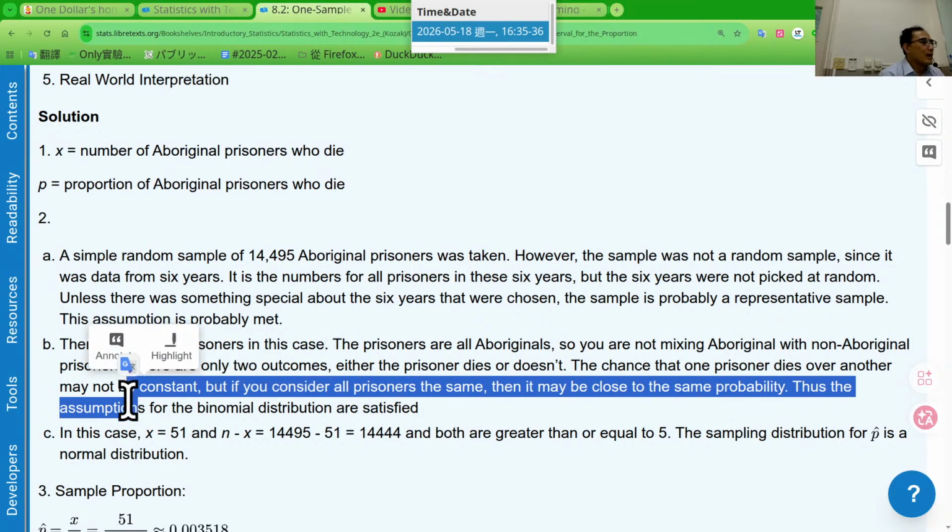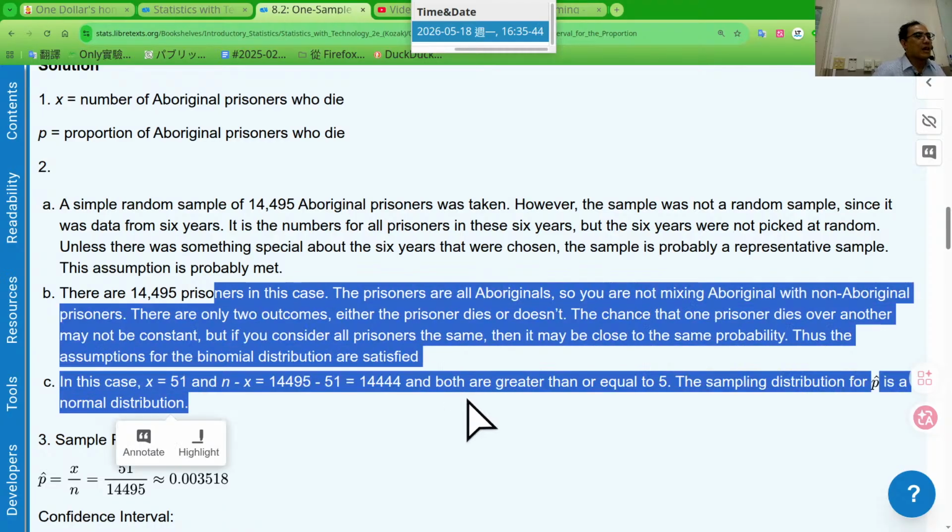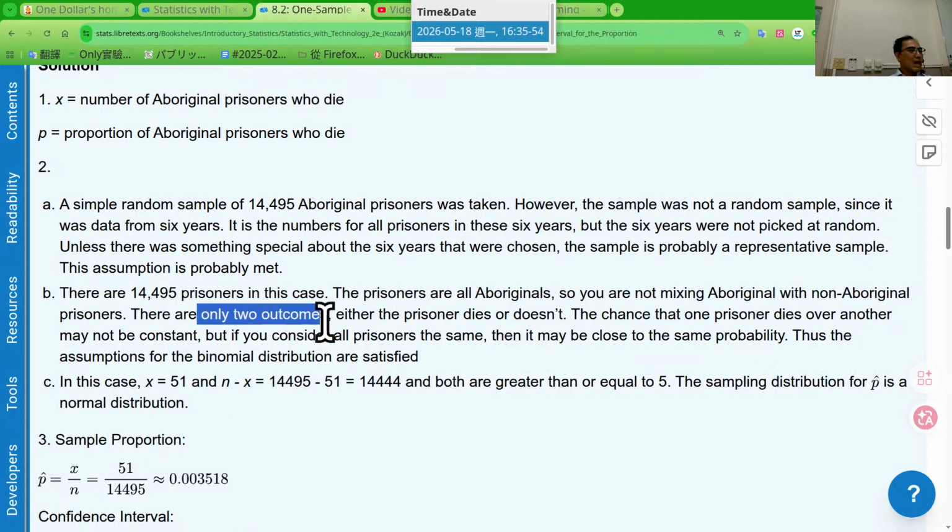Okay, and there are 14,495 prisoners in this case. The prisoners are all Aboriginal, so you are not mixing Aboriginal with non-Aboriginal prisoners. And there are only two outcomes: either the prisoner dies or does not die.